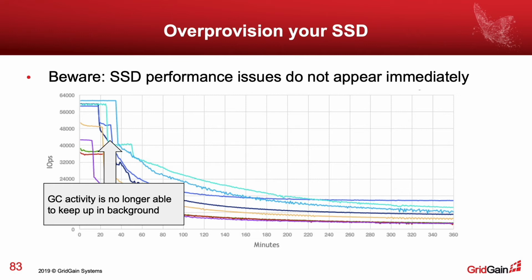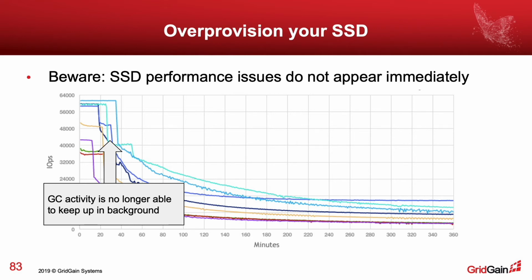What you may see is that at the beginning throughput is good, but then after 20 or 30 minutes, suddenly throughput degrades to a lower level, and then it slowly goes to the saturation level, which is even lower.